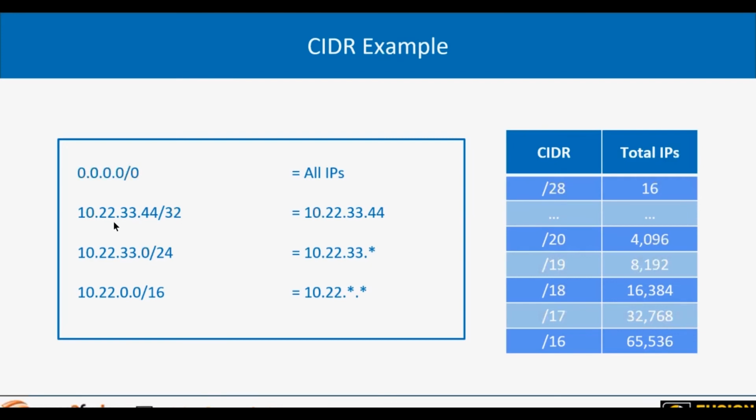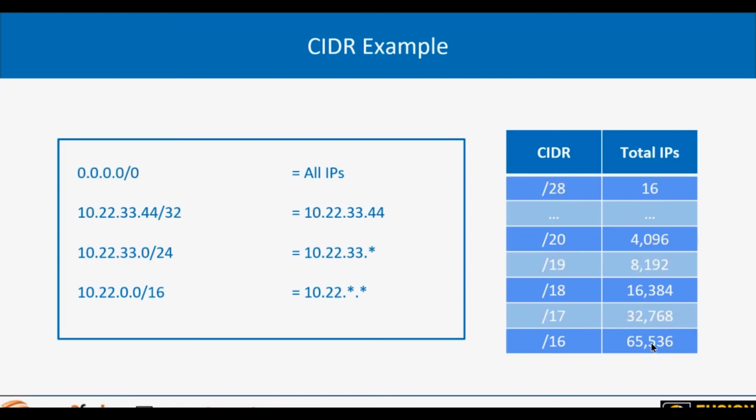Okay, it's up to you. If you see the right side of the table, if you give /28, 16 IPs will be associated with that IP range. Like that, it keeps on decreasing. Whenever you decrease the number of the CIDR notation, it will increase the total IPs associated with that IP address range.